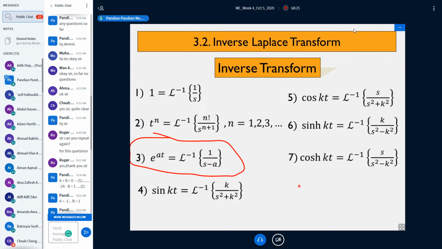So this slide 5 has equation 1, 2, 3, 4, 5, 6, 7, and many more to go. But we just use only 7 to make your life easier. We just limit ourselves to the 7 famous formulas. Apart from that, there are many, but we are not going to deal with them.